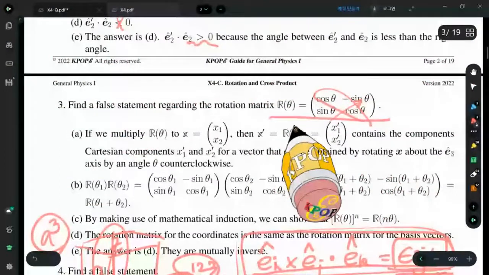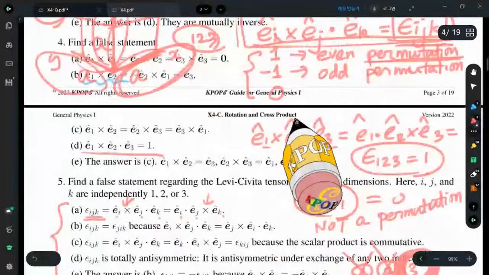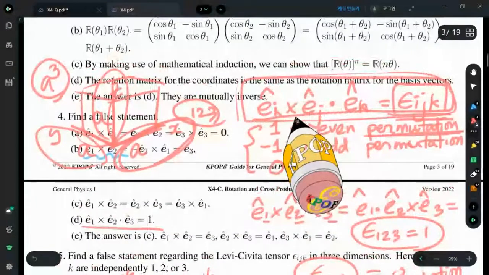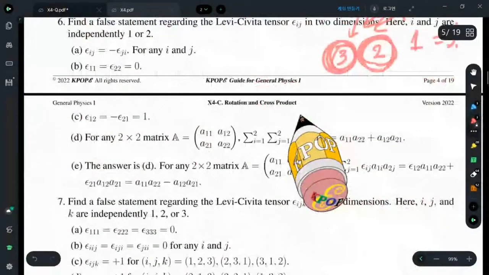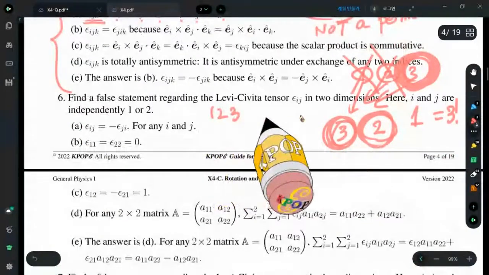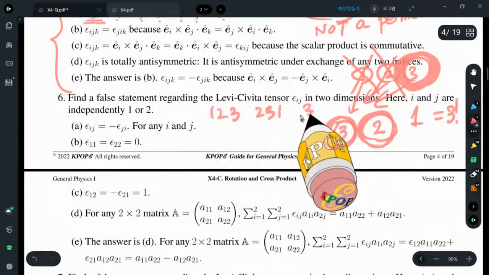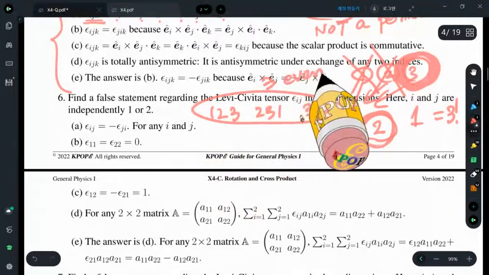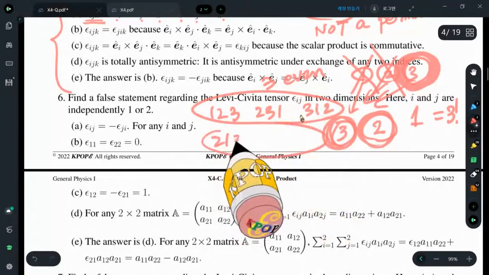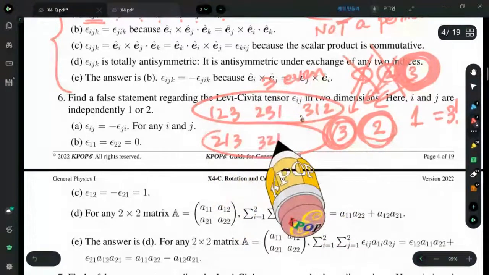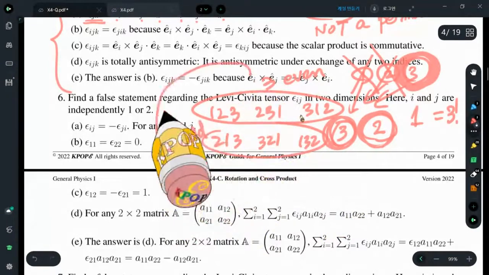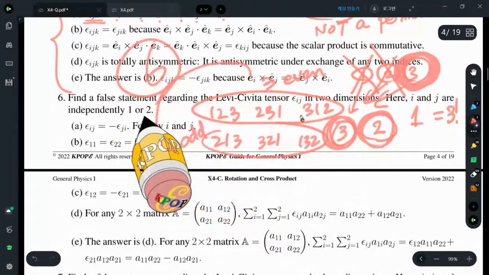The 6 permutations are 1, 2, 3, 2, 3, 1, 3, 1, 2, the 3 even permutations, and 2, 1, 3, 3, 2, 1, 1, 3, 2, the 3 odd permutations. So there are 6 permutations.